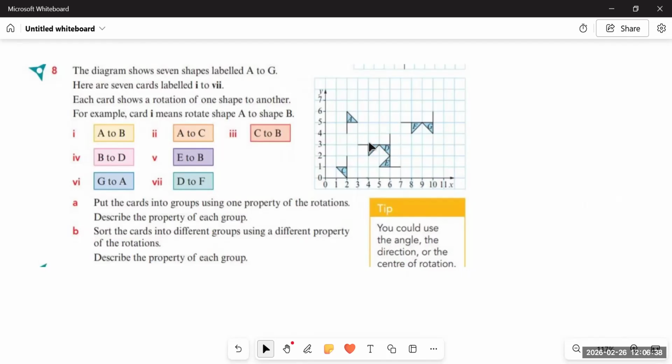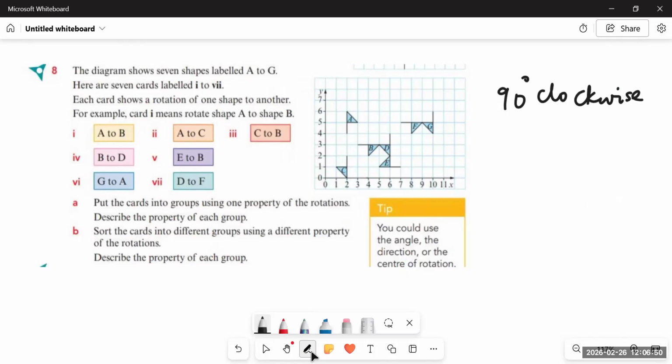So let's solve this one, students. Like if we talk about group 1, we will take 90-degree clockwise. So 90-degree clockwise is A to B. Yes, this is 90-degree clockwise.